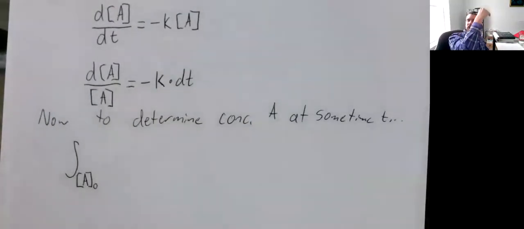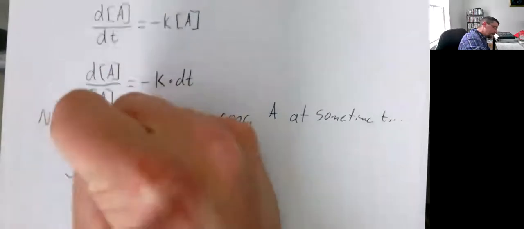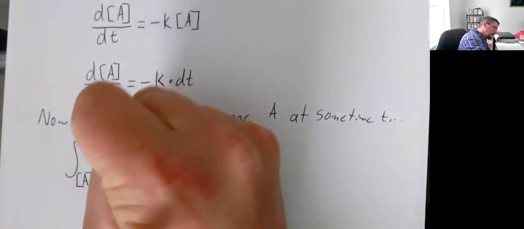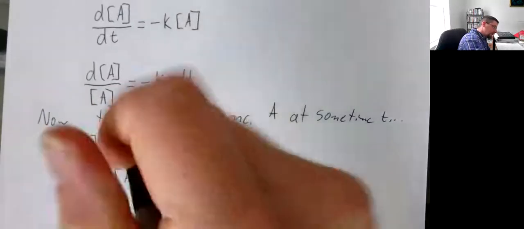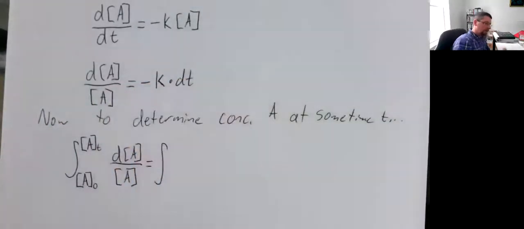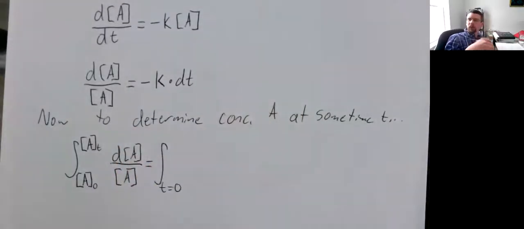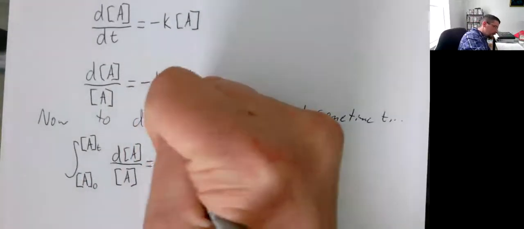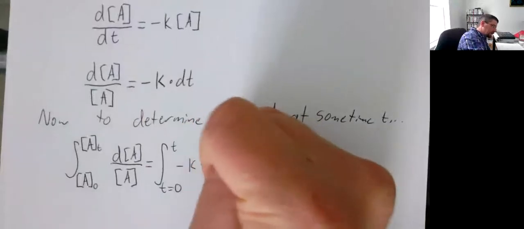And we're going to go to some concentration of A at a later time, the time that we care about. We'll call that A sub t. The integral of dA over A is equal to the integration of, now we're considering t, so we have our initial time of t equal to 0, and we're going to go to some point later on, t, of minus k dt.